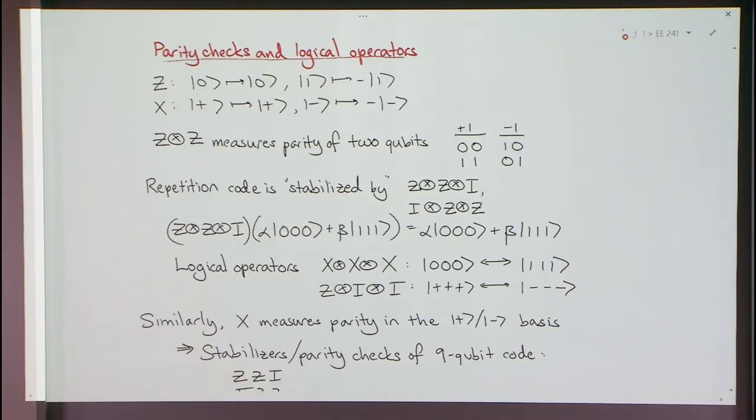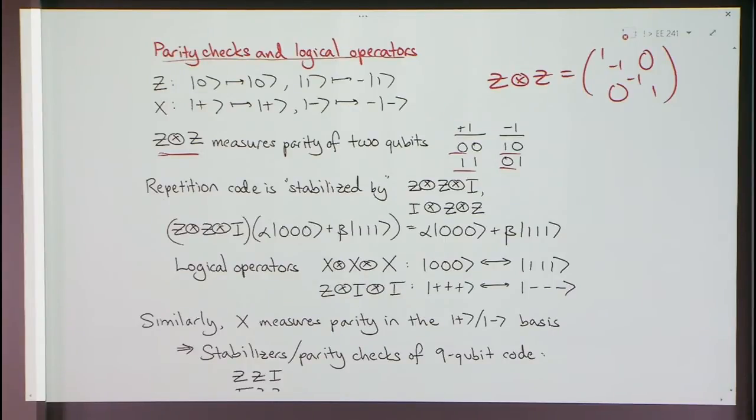So here, for example, if you look at Z tensor Z, where Z again was 1, 0, 0, minus 1, then Z tensor Z is 1, minus 1, minus 1, 1, this diagonal matrix. It leaves a plus 1 phase on 00, a plus 1 phase on 11, and has a minus 1 phase on these odd parity strings. So Z tensor Z measures the parity of a 2-bit string.